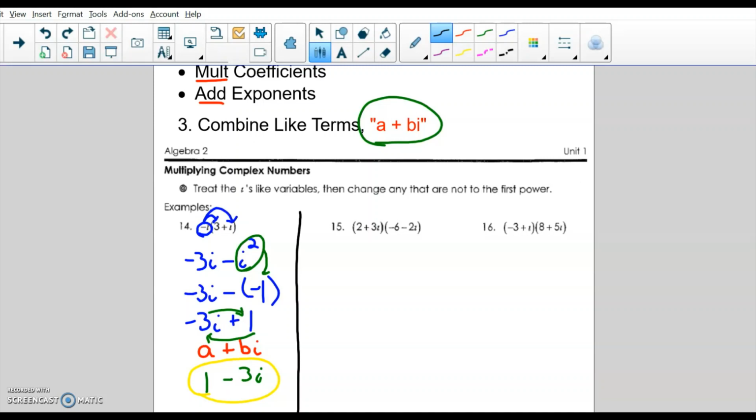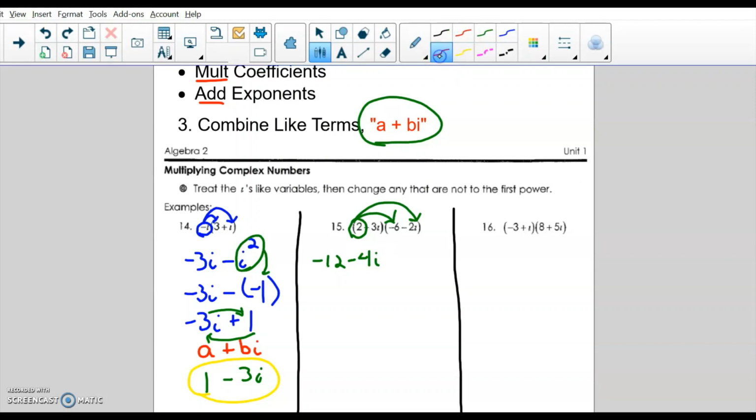As we move into number 15, this needs to be FOILed. So we get to use first, outer, inner, last, or double distribution. 2 times negative 6 is negative 12. 2 times negative 2i is negative 4i.